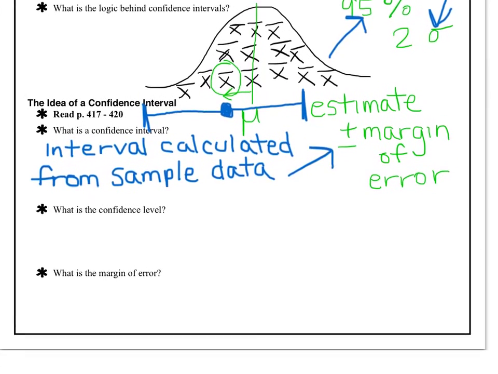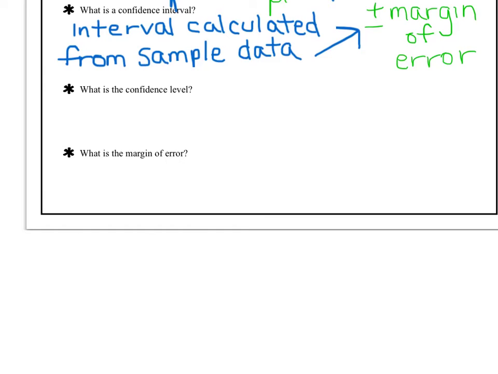The confidence level we often refer to as C, a capital C. It's a percentage that we choose before we ever start working.